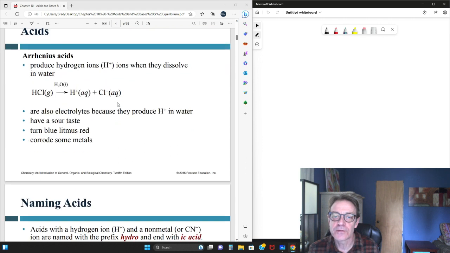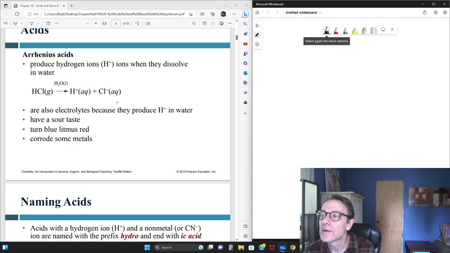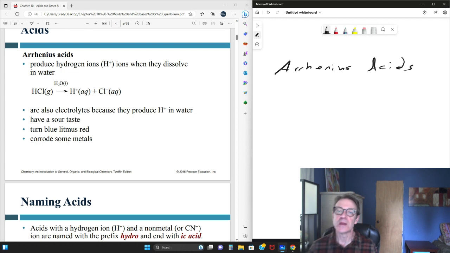So let's look first of all at Arrhenius acids. Okay, real briefly. It's kind of the first way that folks used to look at acids. An Arrhenius acid produces hydrogen ions when it dissolves.